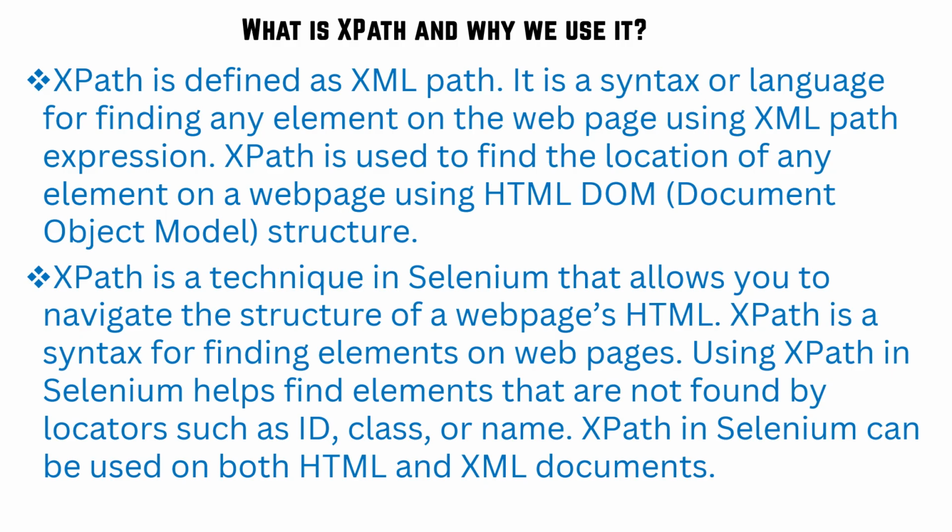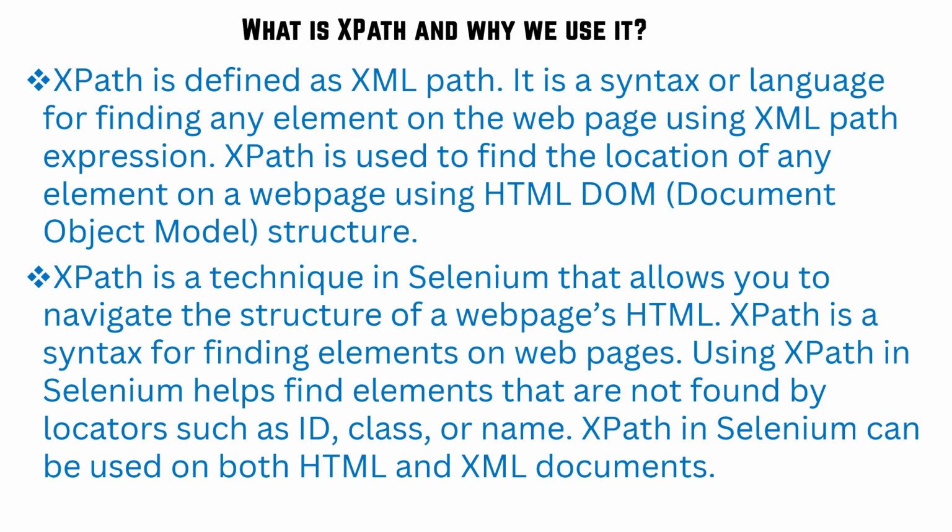So XPath is nothing but the XML path. It is a syntax or language for finding any element on the web page using XML path expression. XPath is used primarily to find the location of any element on any web page using the HTML DOM or Document Object Model structure. XPath is a technique in Selenium WebDriver which allows the user to navigate the structure of the web page HTML.